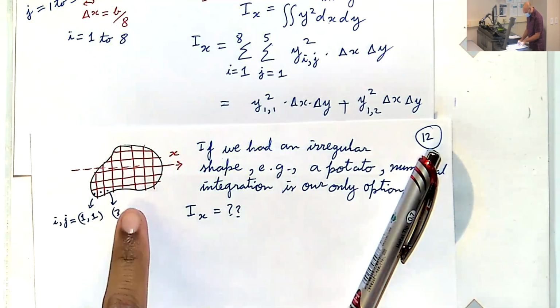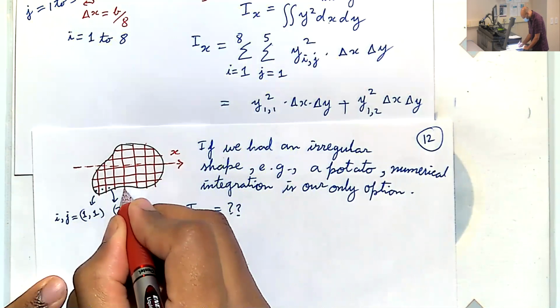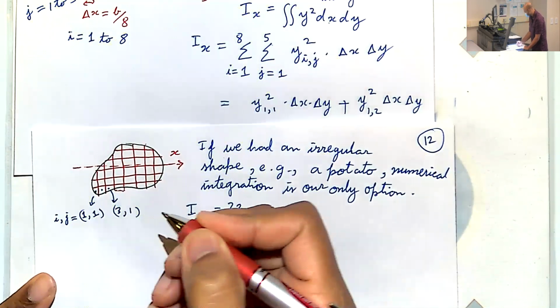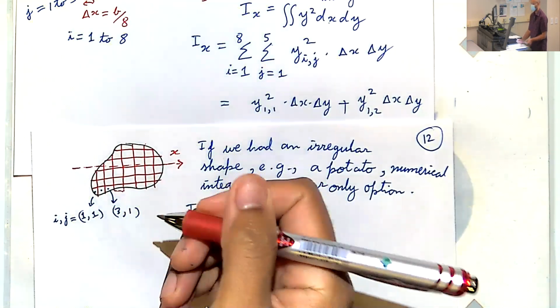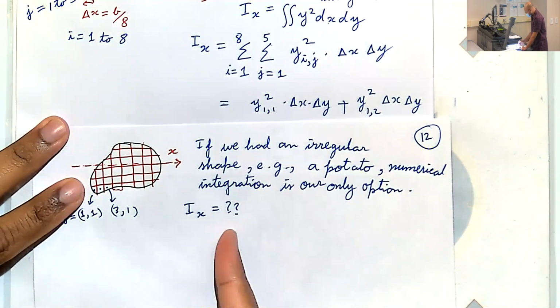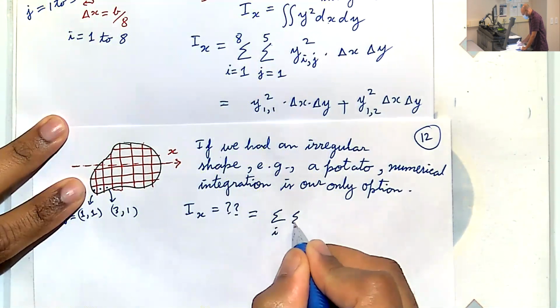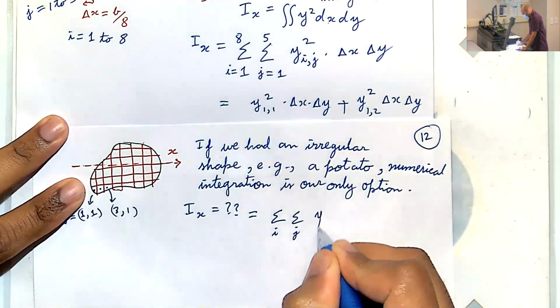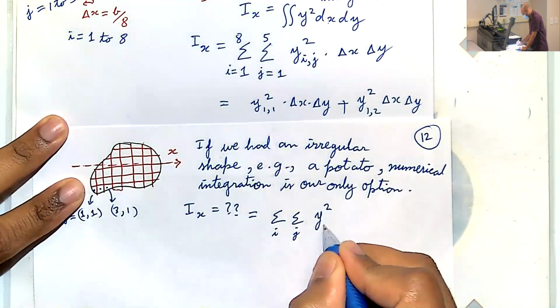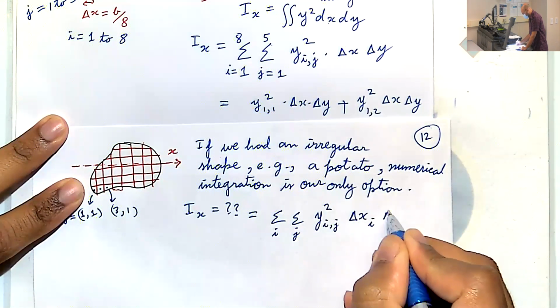Another thing you see happening is when I compute the area of this box, I will include stuff that's outside the potato. That's part of the error we make when we do numerical integration. But in essence, you would do the same thing: a double summation over i and over j of y squared i,j delta x_i delta y_j.